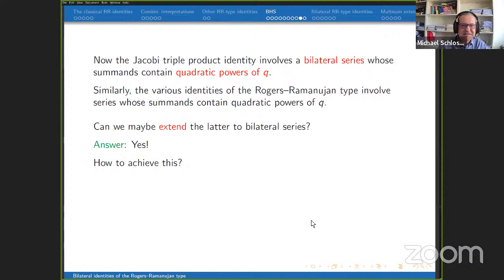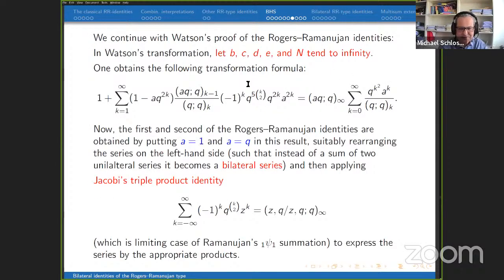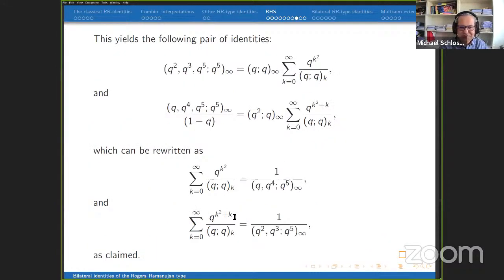Okay, now we want to apply this. The observation is that the Jacobi triple product identity involves quadratic powers of Q and a bilateral series. The quadratic powers of Q make it converge for k being negative and positive also. That's good, and the Rogers-Ramanujan identities also have this quadratic power.